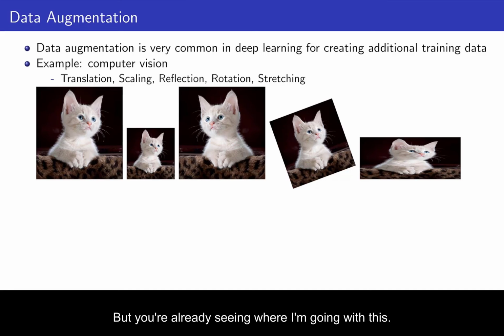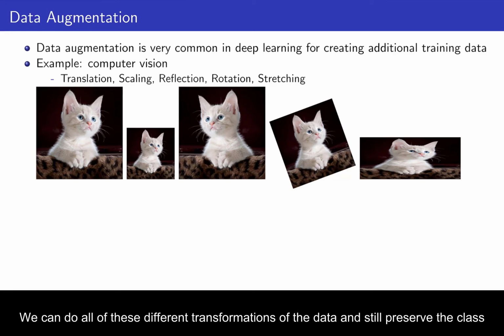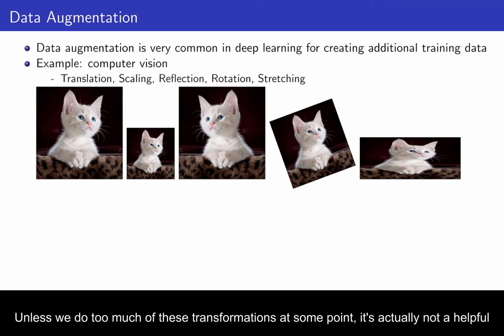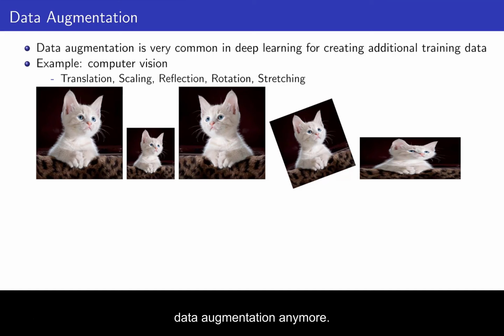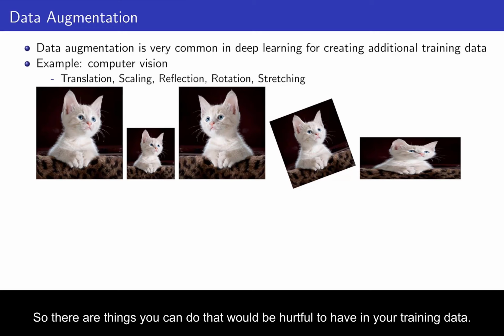But you're already seeing where I'm going with this. We can do all of these different transformations of the data and still preserve the class cat, unless we do too much of these transformations. At some point, it's actually not a helpful data augmentation anymore. So there are things you can do that would be hurtful to have in your training data.